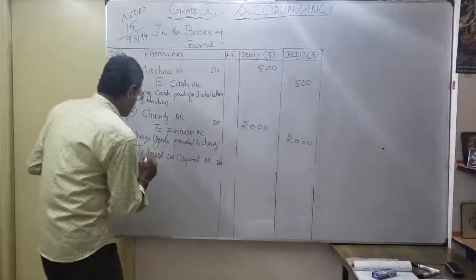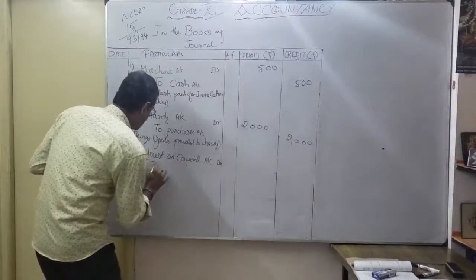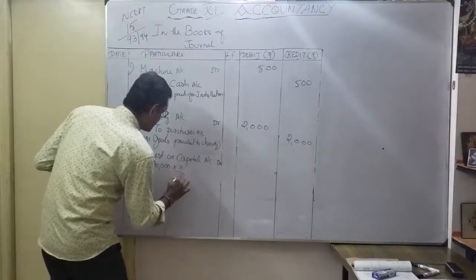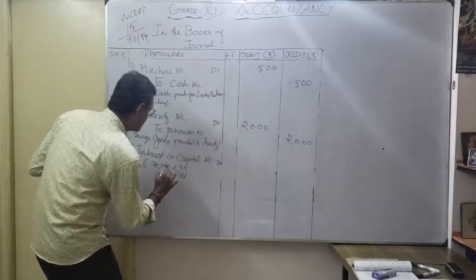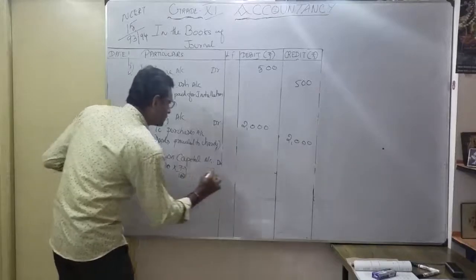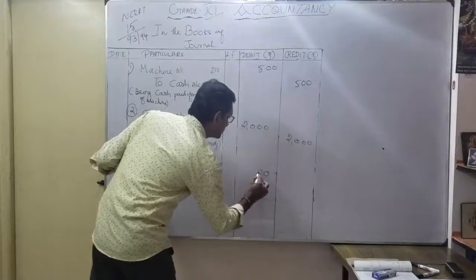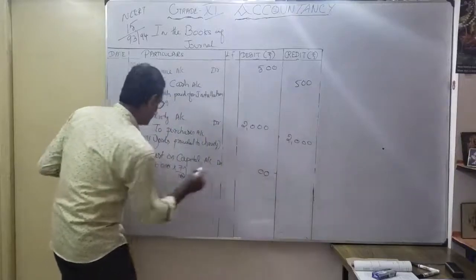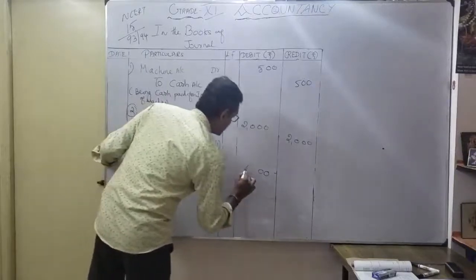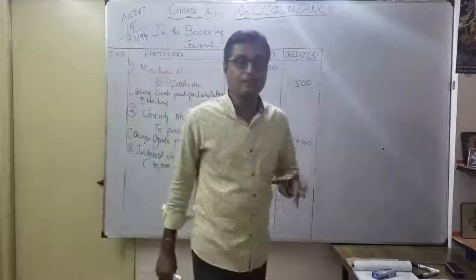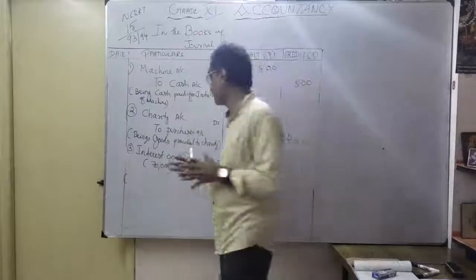So I can bracket and mention here 70,000 as capital into 7 by 100. So what is the value? Here 0, here 0. See, this 7 into 7s are 49. So how much? Interest on capital 4,900 for the whole year. That's what I can simply mention here.